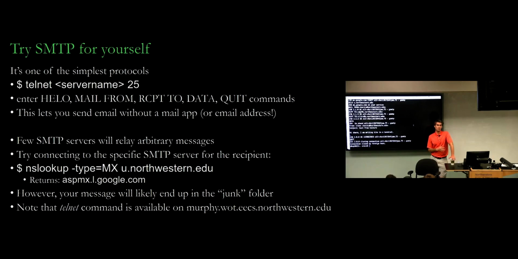It doesn't feel responsible to relay messages to outside users for unauthenticated users. It's willing to deliver messages to its own users from unauthenticated users because in general, email can come from anywhere in the world. It can't challenge everyone in the world who wants to send you an email with a password because it hasn't established a password with you. So yeah, I looked up the server for the addressee that I wanted to reach.